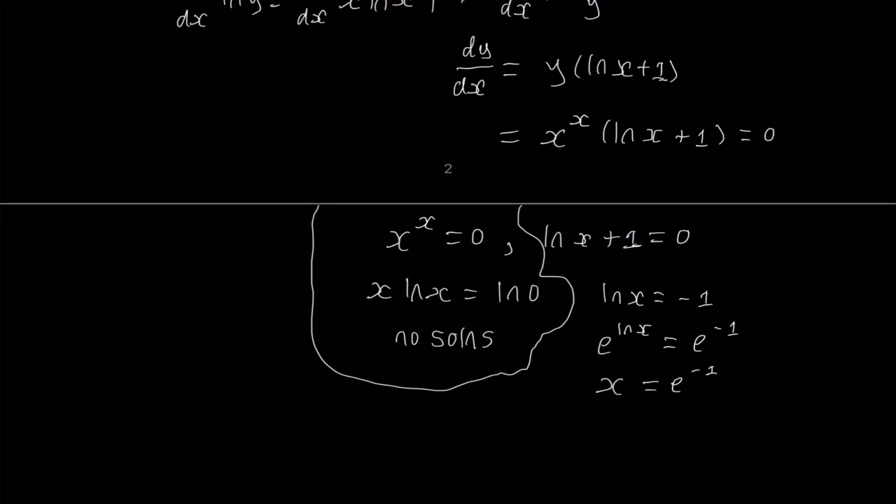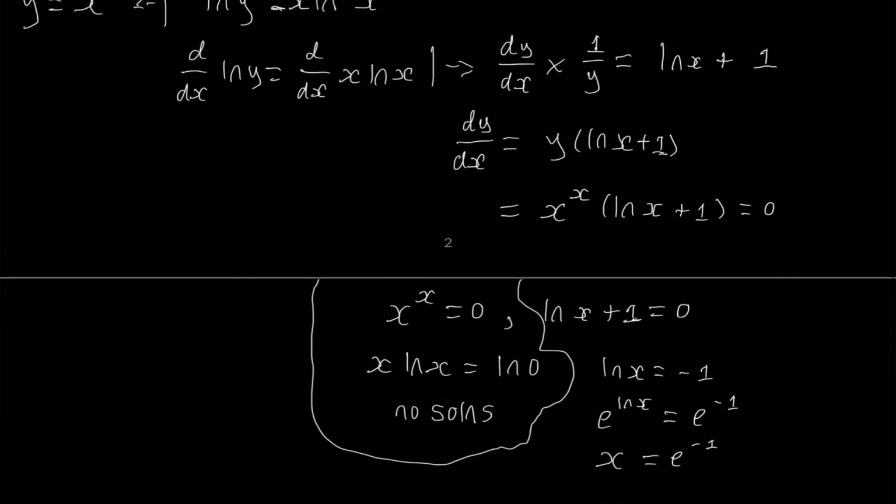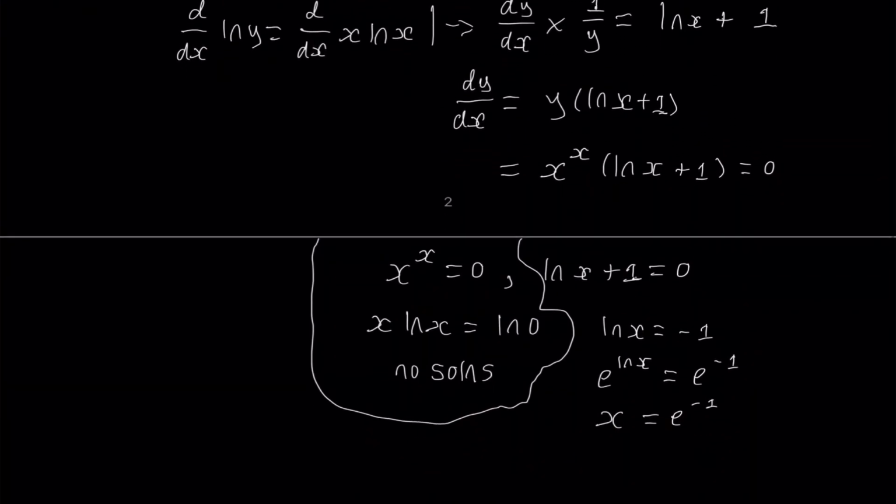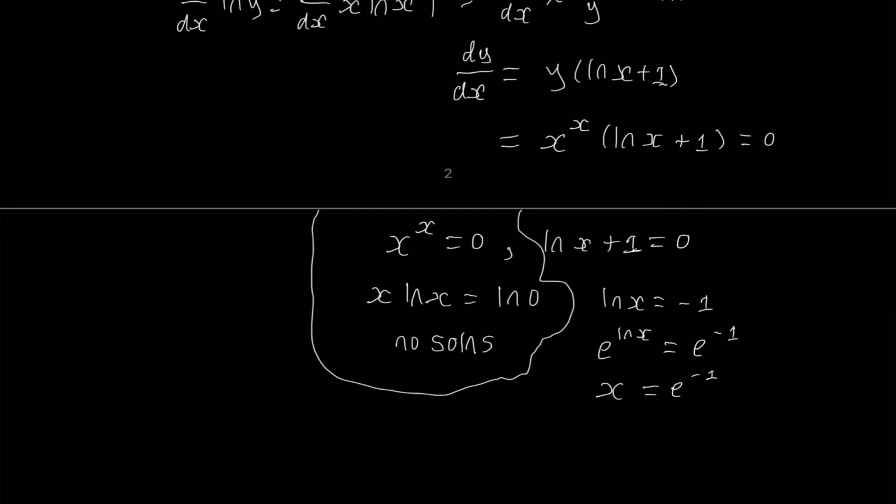Now, of course, we could even find our value of y here if we really wanted to. We could substitute this into our original equation. y will be equal to e to the -1 to the power of e to the -1. We can simplify this a little bit here.